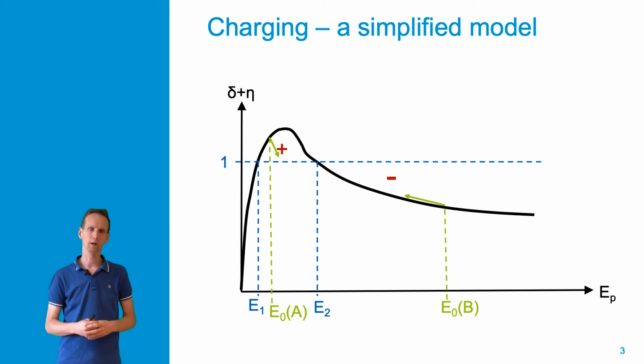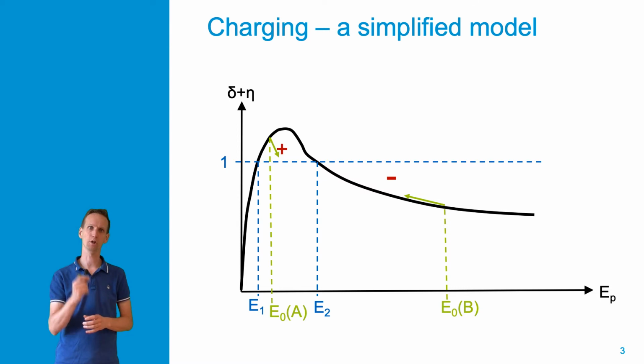Now let's look in a bit more detail at this curve. On the horizontal axis, we see the energy of the primary electrons, EP, and I've indicated two positions for a specific landing energy E0, situation A and situation B. We also see that if we look at the yield curve, there are typically two positions at which the yield curve crosses the value of 1, denoted here by E1 and E2.